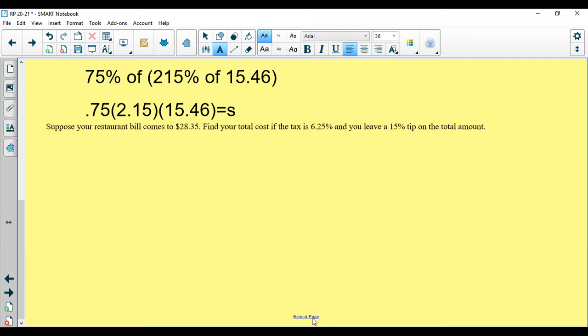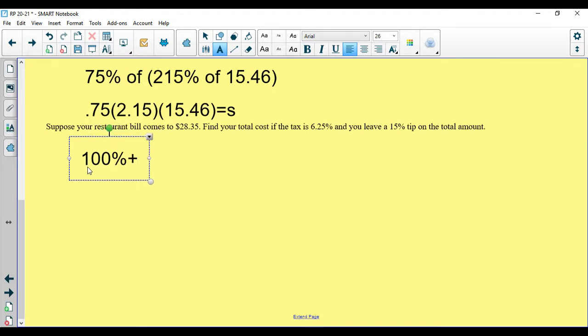So suppose your restaurant bill comes to $28.35. Find your total cost if the tax is 6 25/100% and you leave a 15% tip on the total amount. I know that initially I'm going to be doing the sales tax here, and I know that sales tax is a percent increase.